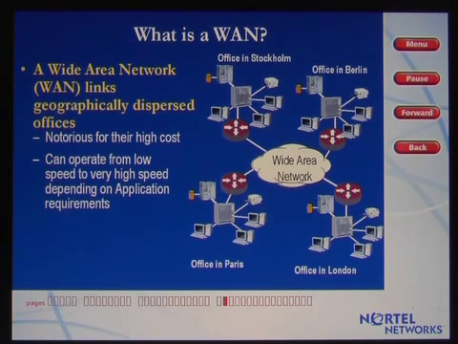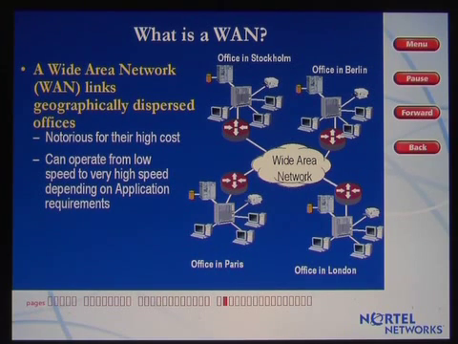Different types of data may require different WAN systems. LAN traffic is bursty and high speed, but can tolerate network delays. File transfers are constant traffic and can also tolerate network delays. Voice traffic is real-time and can't tolerate network delays.